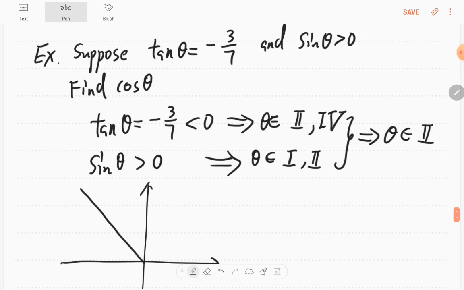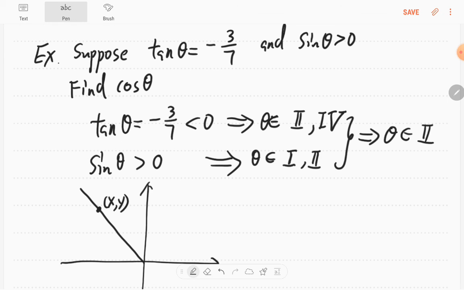Okay, since tangent theta equals y/x, there is a point on this one, the ratio of the y coordinate and the x coordinate should be equal to -3/7. Okay, so here is the x, the y.